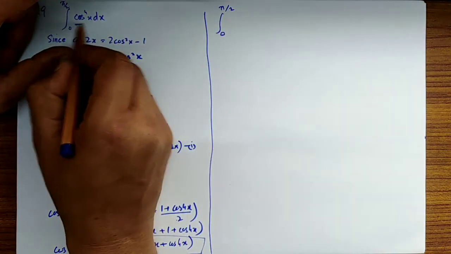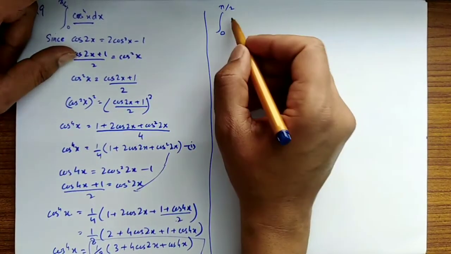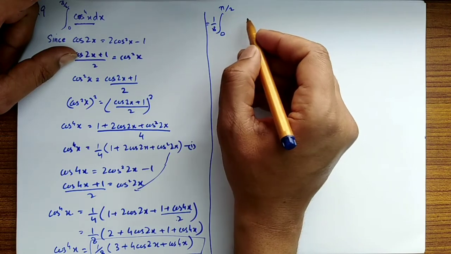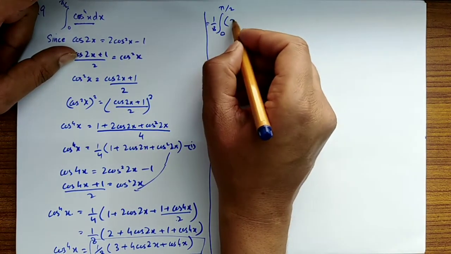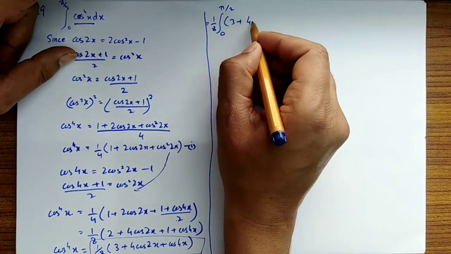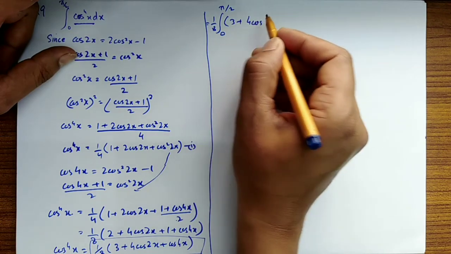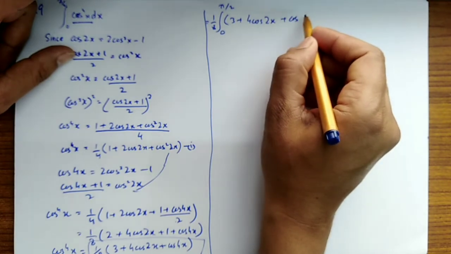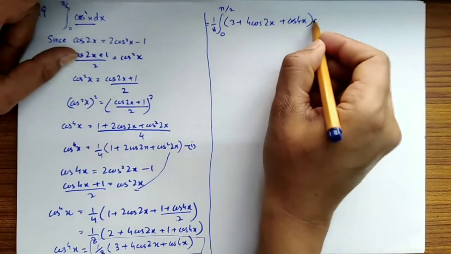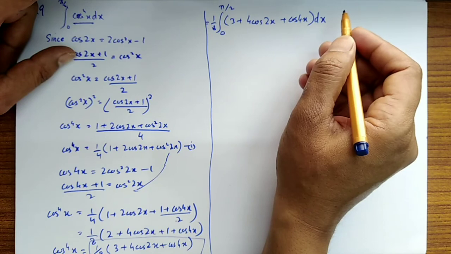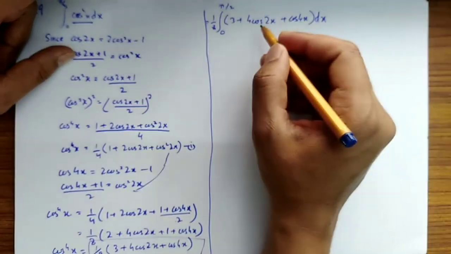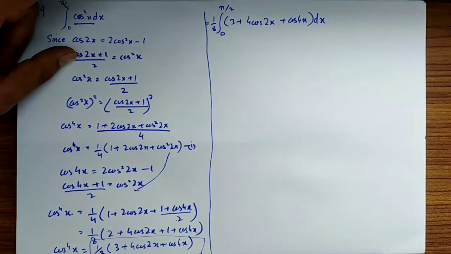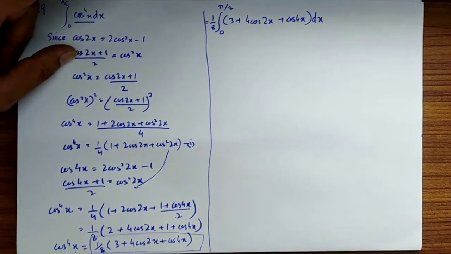In place of cos power 4 x, I am going to write 1 upon 8 of it. Just move this 1 upon 8, do some direct steps. So you can write in exams or in your tests this step, dx, right?